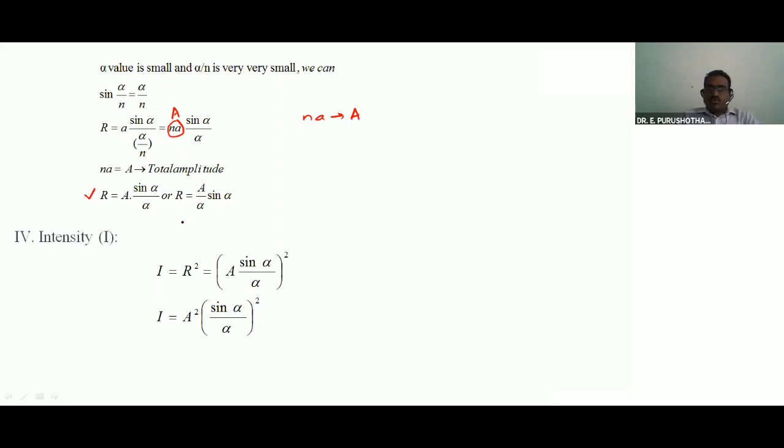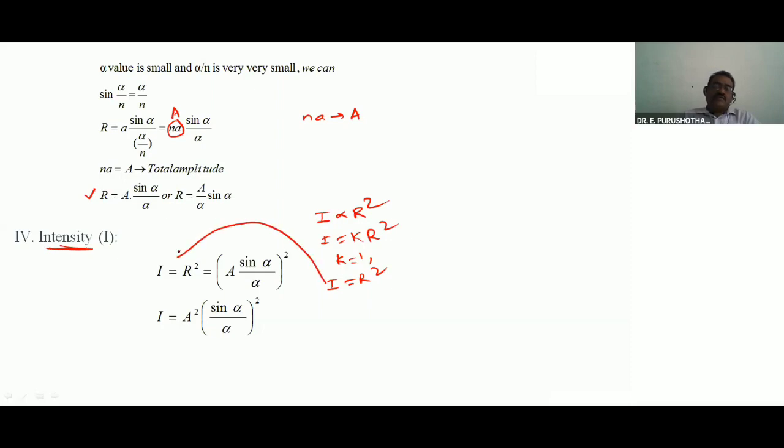So here the intensity value. Intensity, you know very well, I is directly proportional to amplitude square. So I is equal to k into R square. If the constant k is equal to 1, I is equal to R square.